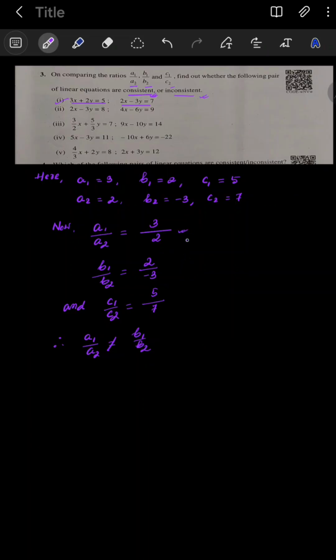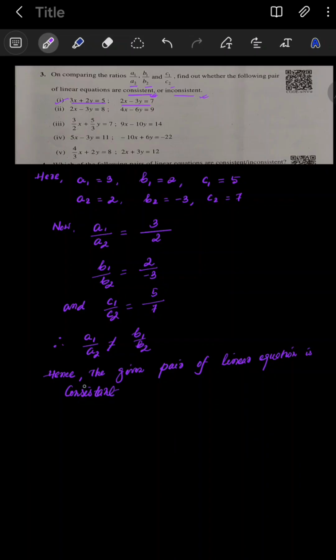If they are not equal, then we know they are intersecting lines, and intersecting lines mean there is exactly one solution. As I told you, if there is exactly one solution or more than one solution, in that case the pair of linear equations is consistent.